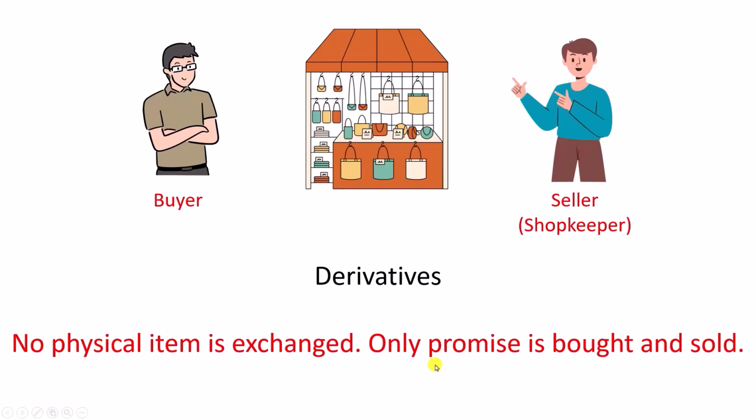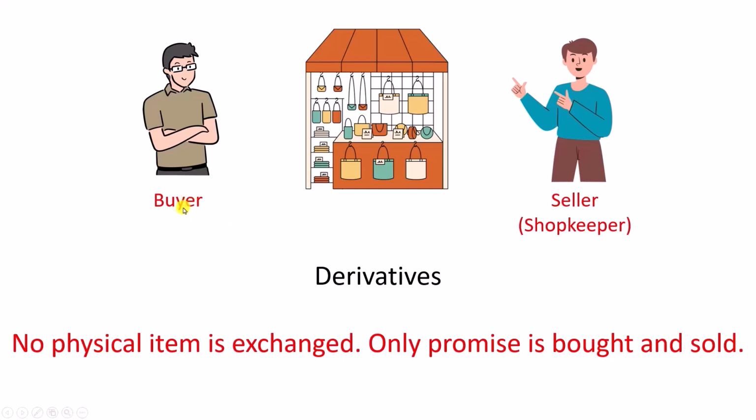So the buyer buys the promise, the seller sells the promise, and that's all. You cannot feel anything in your hands. Nothing is reflected over a long period of time. So, what is the guarantee that the person who is in loss will pay the person who is in profit? There is no guarantee, correct?